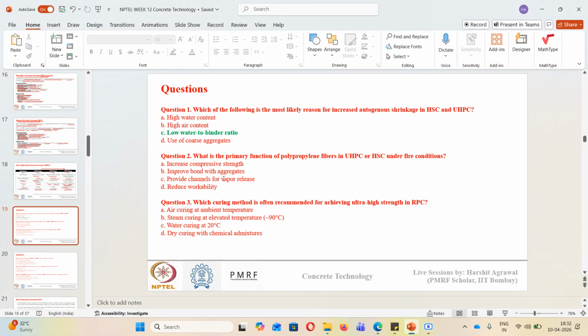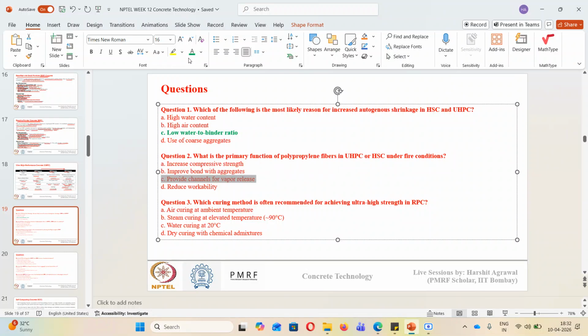Okay, so the correct answer is C. Now, what happens when a concrete is under fire? Moisture inside the concrete turns into steam. Now, what happens to these polypropylene fibers? They have a relatively low melting point, so they can melt at around 160 degrees Celsius.